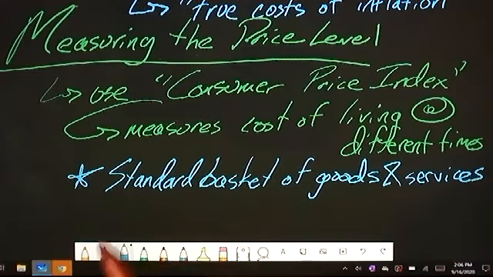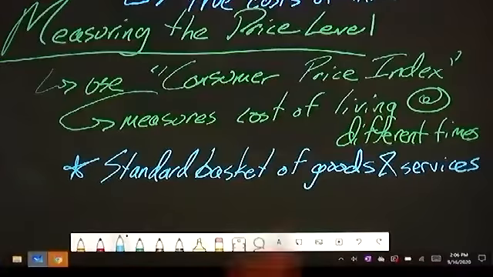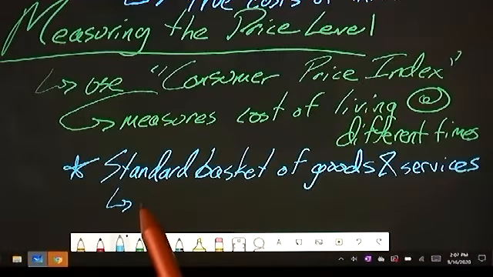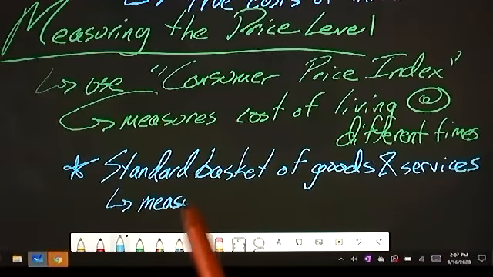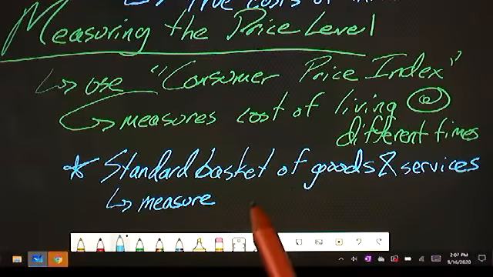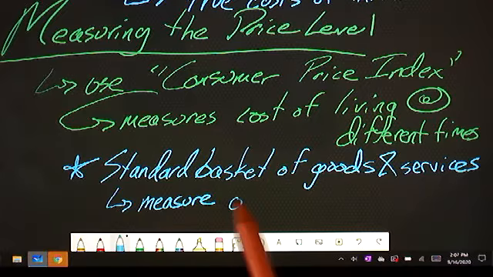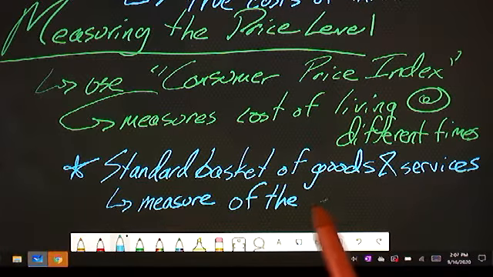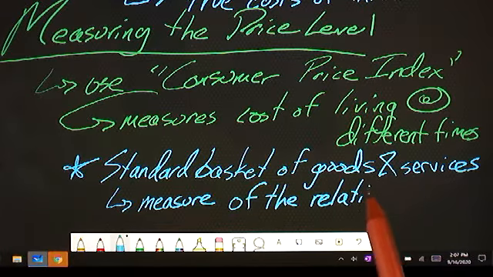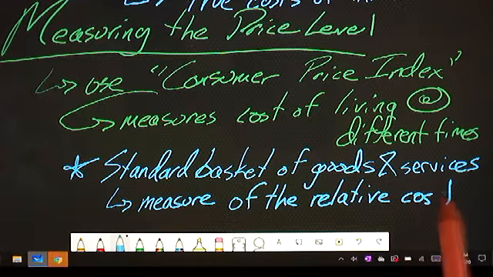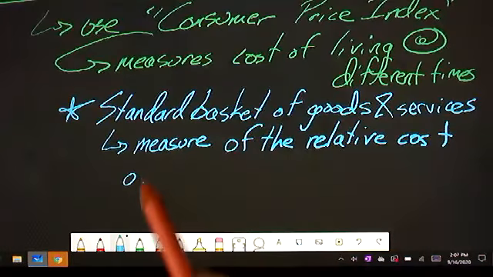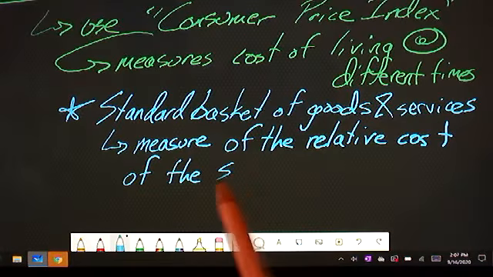Essentially they try to keep this the same. And so then we have a measure of the relative costs of the same basket of goods and services.